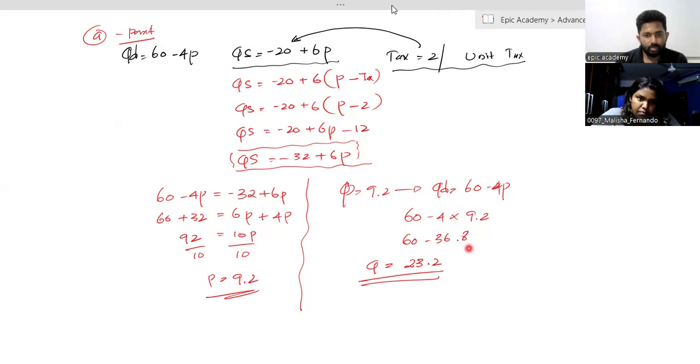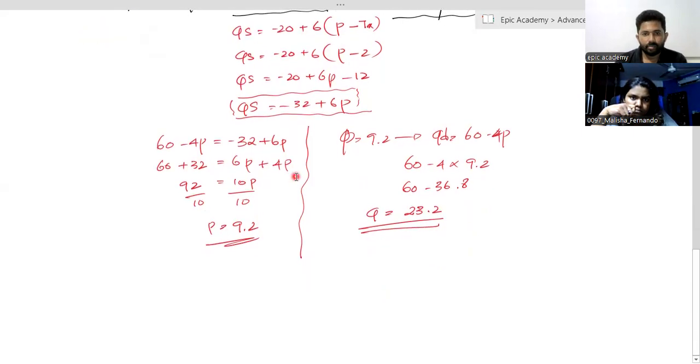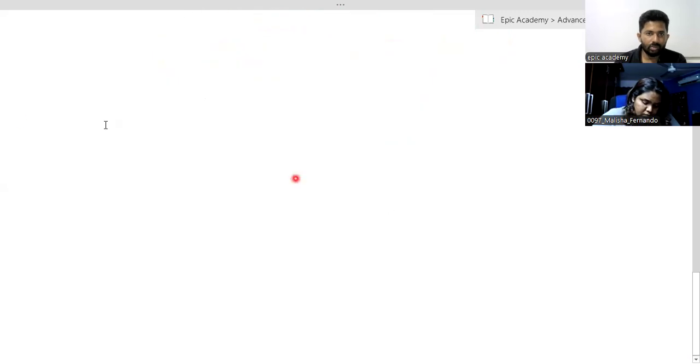The subsidy affects the QS equation, so this time QS must be changed. QD equals 60 minus 4P. QS equals minus 20 plus 6P.